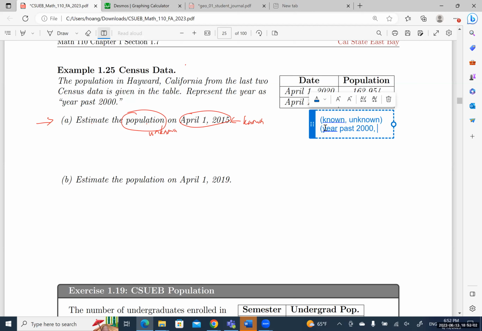And then the unknown in here is going to be the population.